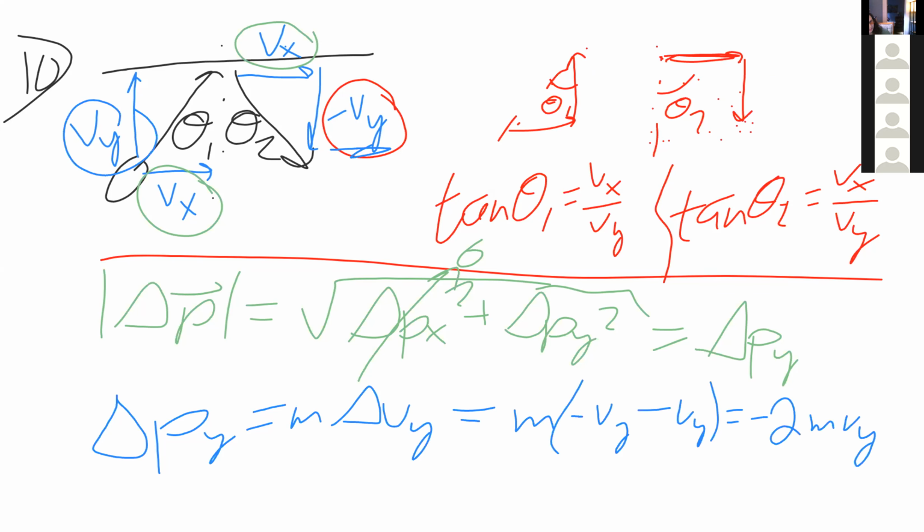The only thing we need to do is find v sub y, and I'll leave that up to you. You're given the initial speed and the angle theta1 right here. You've done this a million times, finding a y component and plugging it in here. Remember that they ask for a magnitude, so I've left the negative sign out in front, but ultimately you just take the absolute value. And that's it.